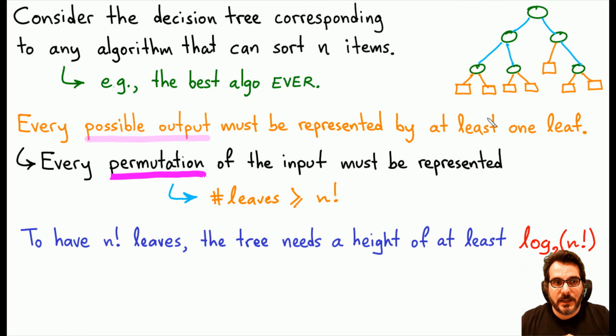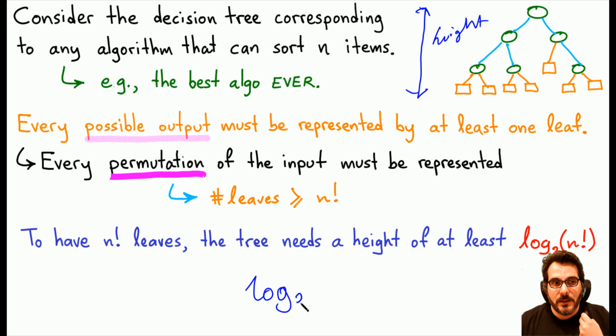So this brings us to the height. Since this is the height, the height should be some log base 2 of n factorial, because there are n factorial leaves.